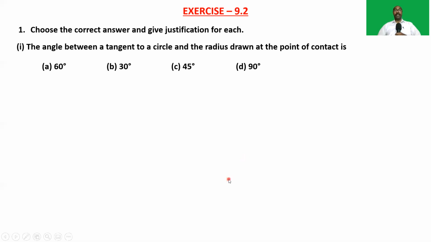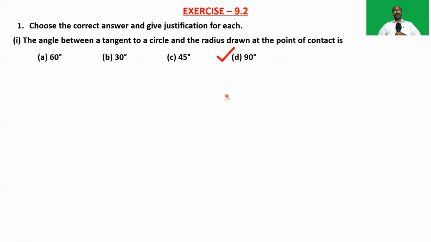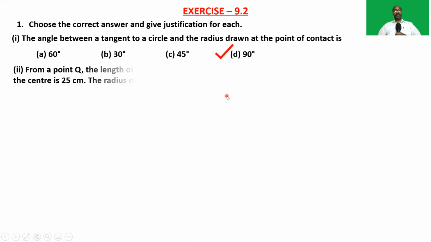These are the options. And we know that the angle between the tangent and the radius at the point of contact is 90 degrees. So we already proved this one. So the answer is 90 degrees because the tangent at any point of a circle is perpendicular to the radius through the point of contact. Okay.